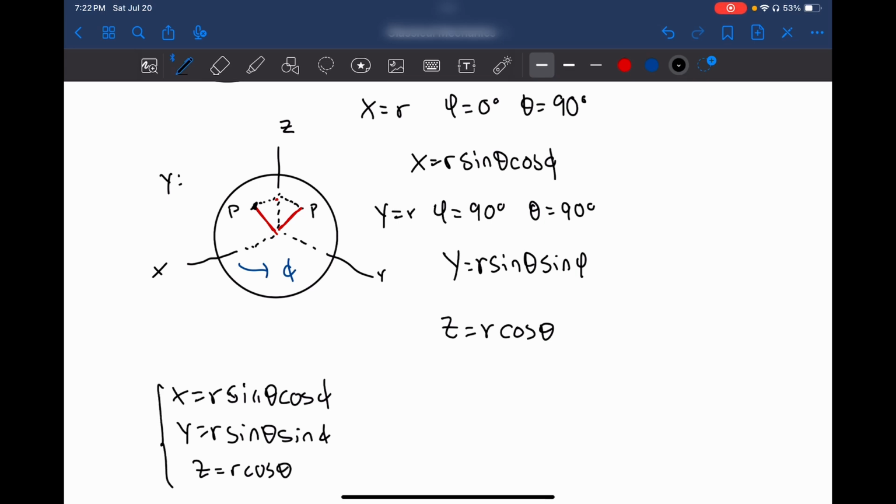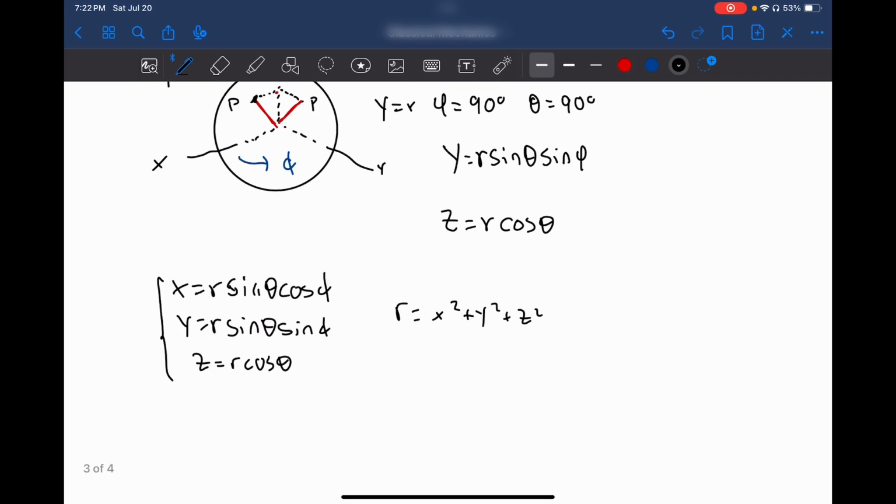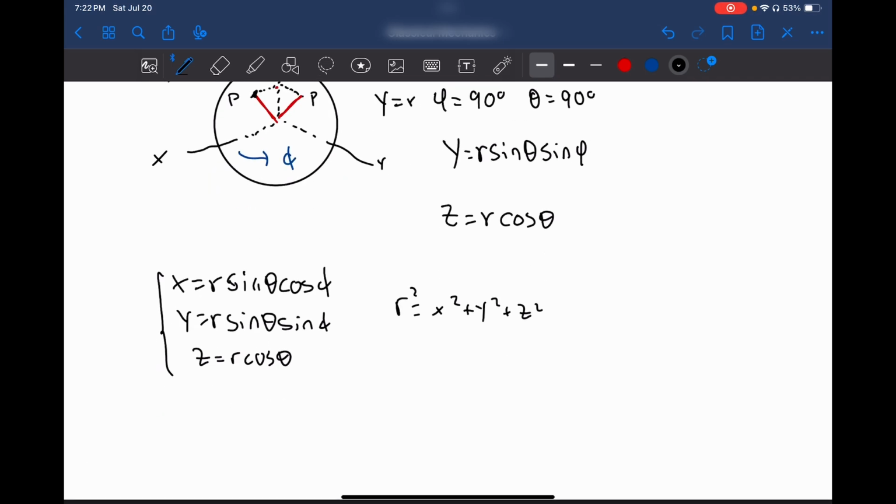And of course, r squared in this case is x squared plus y squared plus z squared. This is a fun exercise to go through on your own. You can use Pythagorean theorems twice, once in the plane and then once in another plane, to determine this relationship. Sorry, it's r squared.